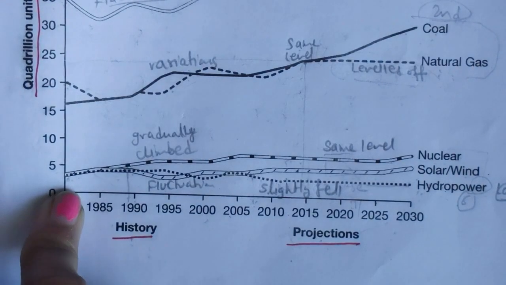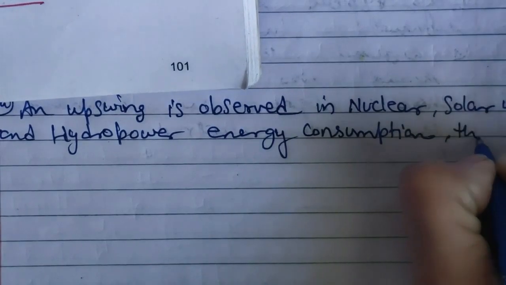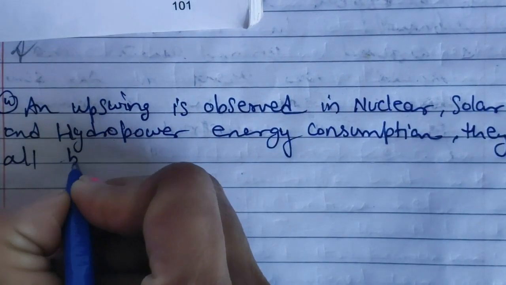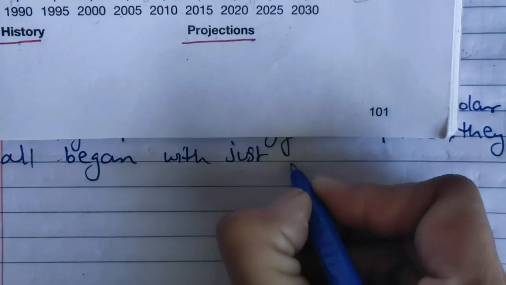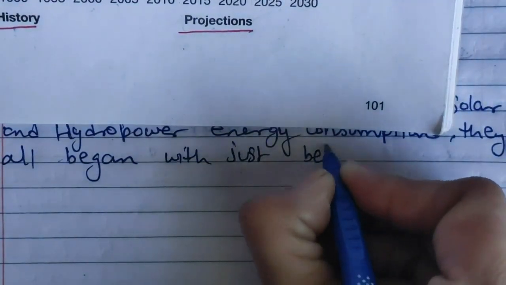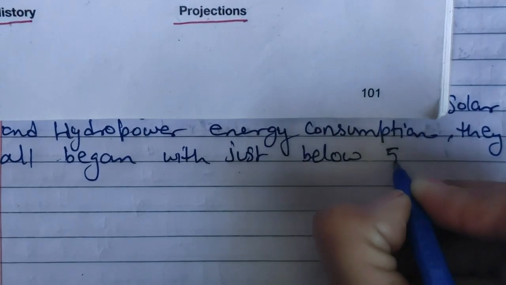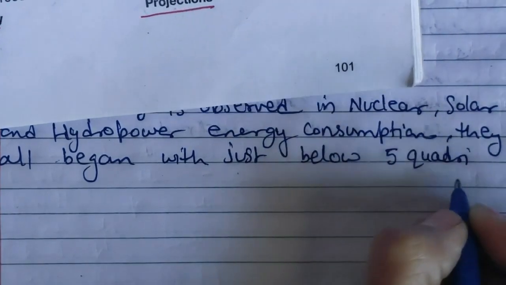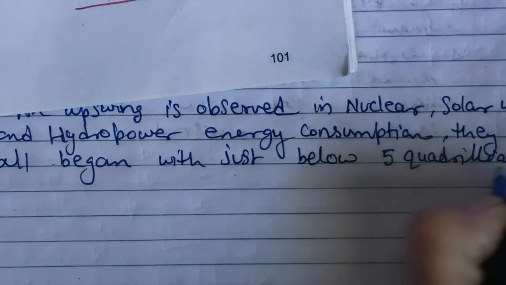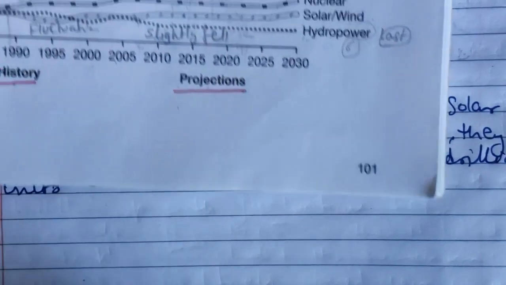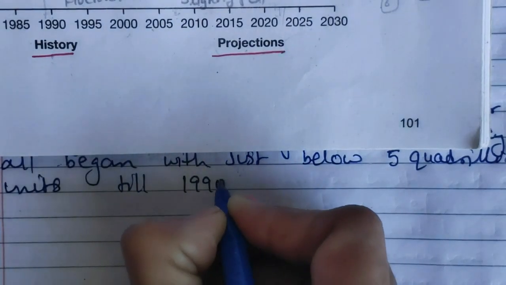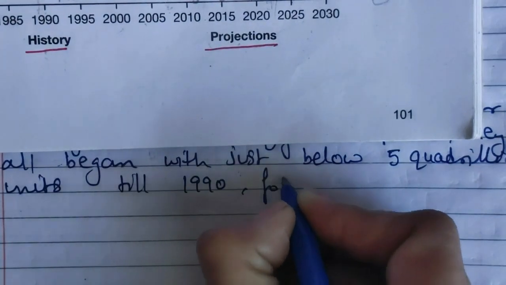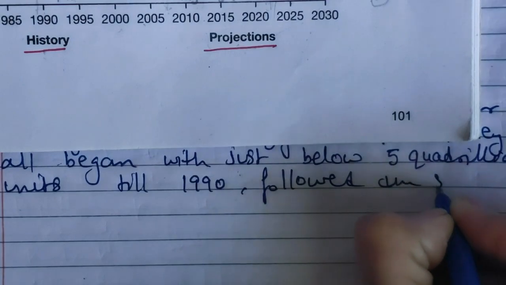Then how can we explain the things? Okay, they all begin with this level, begin with just below 5 quadrillion units, till 1990 followed the same pattern.